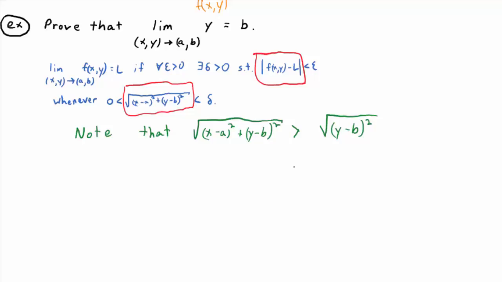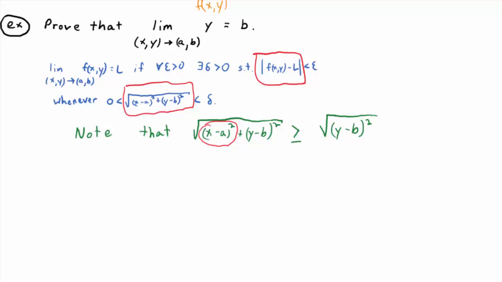I suppose it could be greater than or equal to if you make a equal to x, but y not equal to b. I suppose that could be an or equal to statement. Would you believe that statement? Why does that have to be true? The radicand on the left is going to be greater than the radicand on the right. Exactly. This is a positive number, and you're taking it away from the radicand. So the radical on the left has to be bigger than the radical on the right.